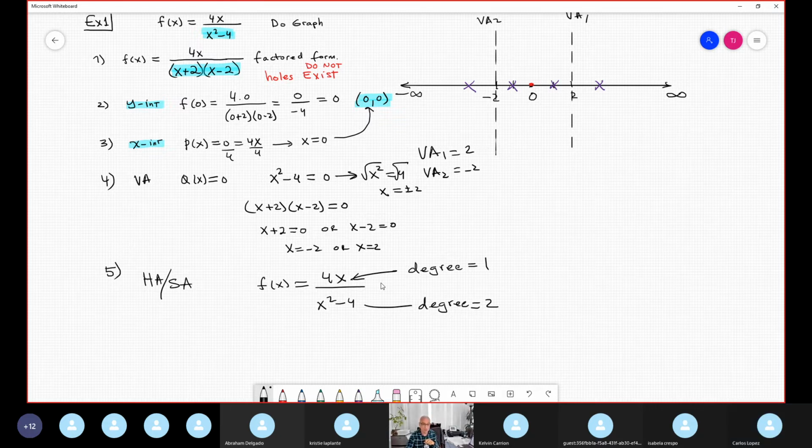Very well. Horizontal special. And horizontal special is always at y equals 0, no? At y equals 0. And remember, don't forget, do we have a slant, yes or no? No slant, only horizontal.